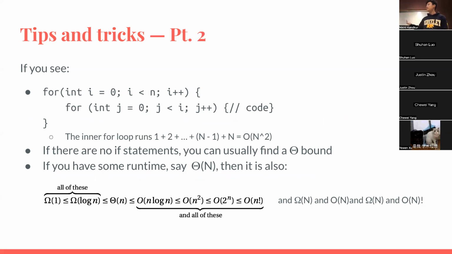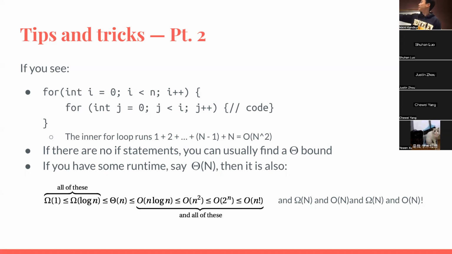And if there are no if statements, you can usually think about your code as having an exact theta bound. One last tip and trick is if you have some runtime, say theta of n, then you also have your function being omega of everything faster than n and including n. And you also have the function being O of everything slower than n.